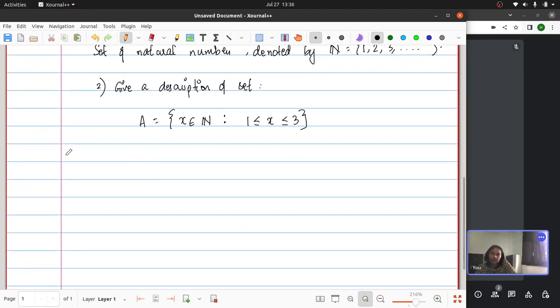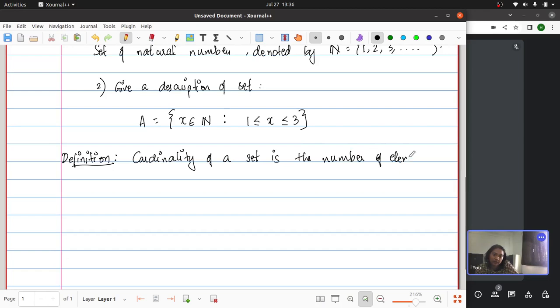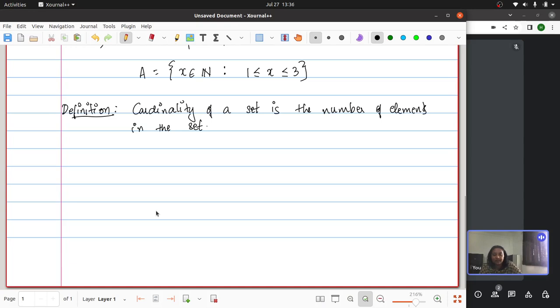Now we have another definition. The cardinality of a set is the number of elements in the set. If the set does not have a finite number of elements, we say that it has cardinality infinity.